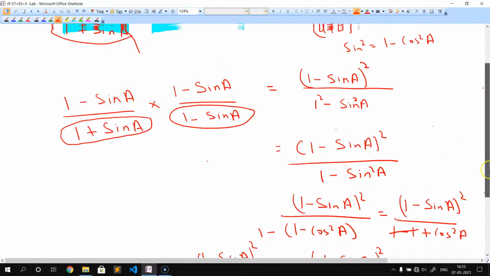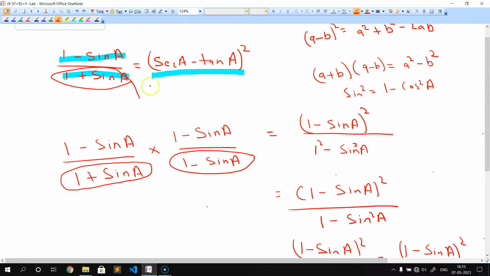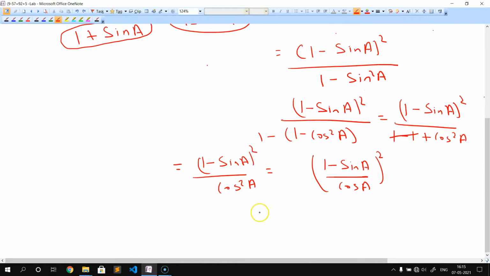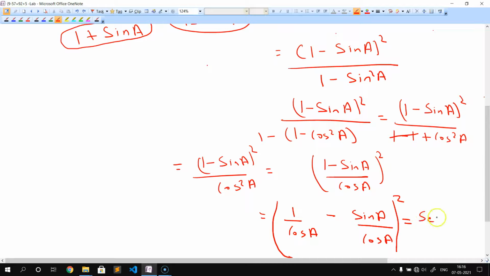Now we can see that here it is sec A and tan A. So we have to break it as 1 upon cos A minus sin A upon cos A. So 1 upon cos A is equal to sec A, and sin A upon cos A is equal to tan A, and here it's whole square.